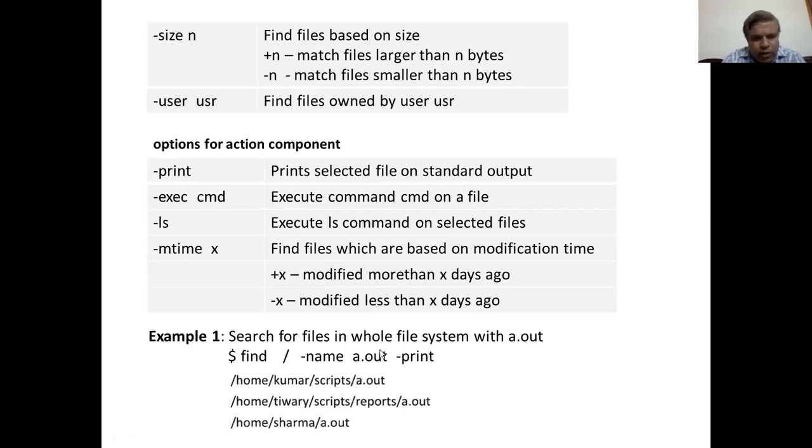And then what is the selection criteria? So we want to find files with name a.out. Then the option I have to choose is -name followed by the file name. File name is a.out, and the action argument. So you choose -print. So that will print the selected file on the standard output, that is on the screen.